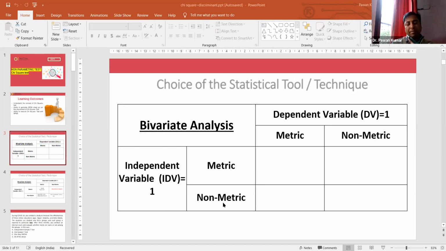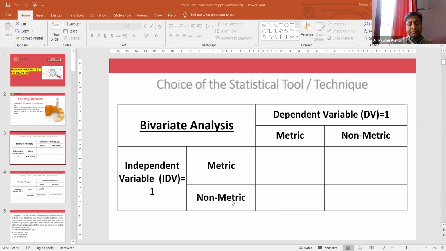Non-metric means categorical, like male, female, high, low, and your dependent variable is metric, for example customer satisfaction or customer preference, which we can measure in the interval scale. Then which hypothesis testing can you apply? Very good, Nilesh, absolutely right. You can go for independent sample t-test here, or one-way ANOVA.